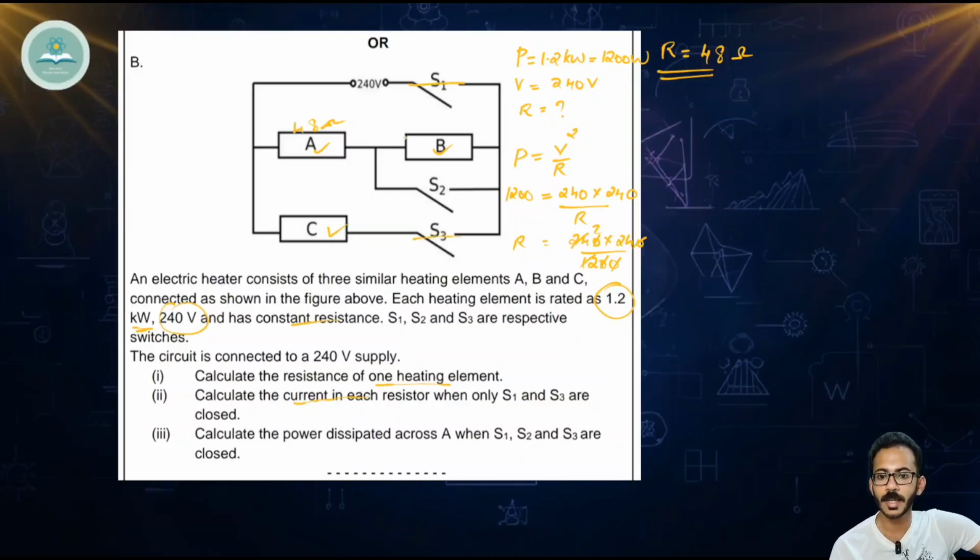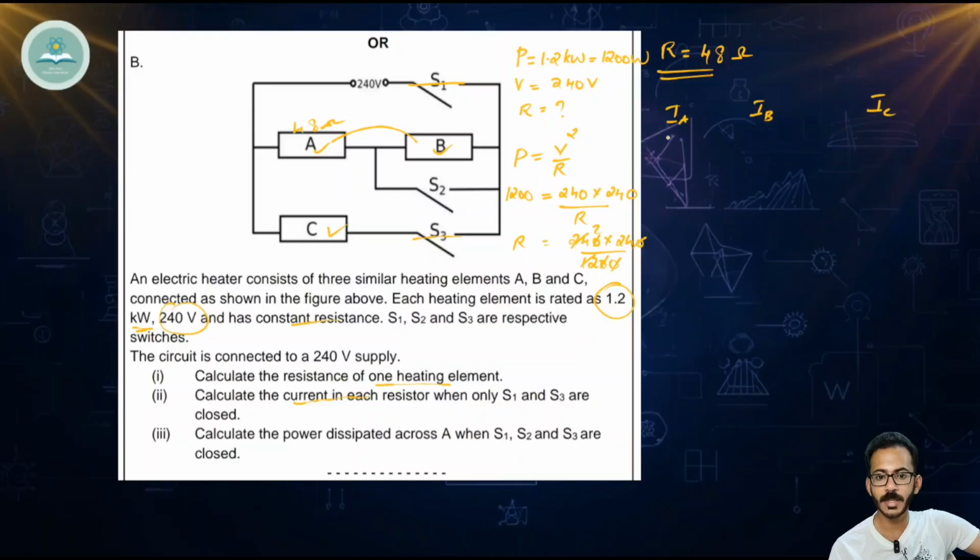When they close it, we actually have a series connection here which is connected in parallel to C. A and B are connected in series, which is connected in parallel to C. So we have to calculate the current across A, current across B, current across C. We have to calculate IA, IB and IC.